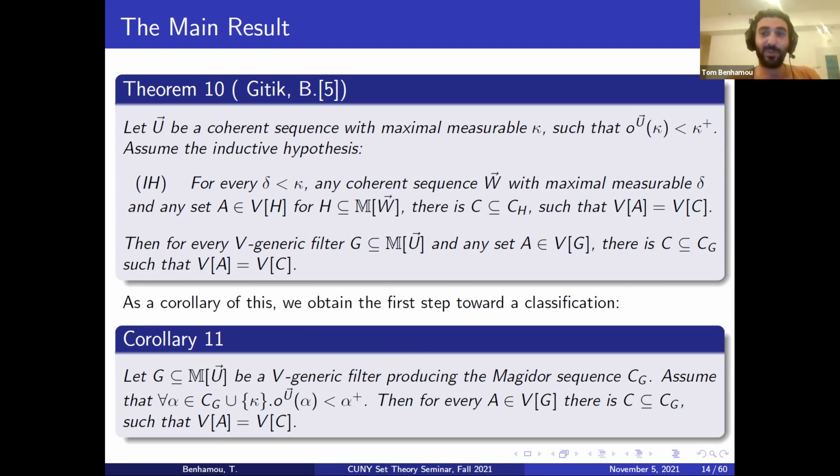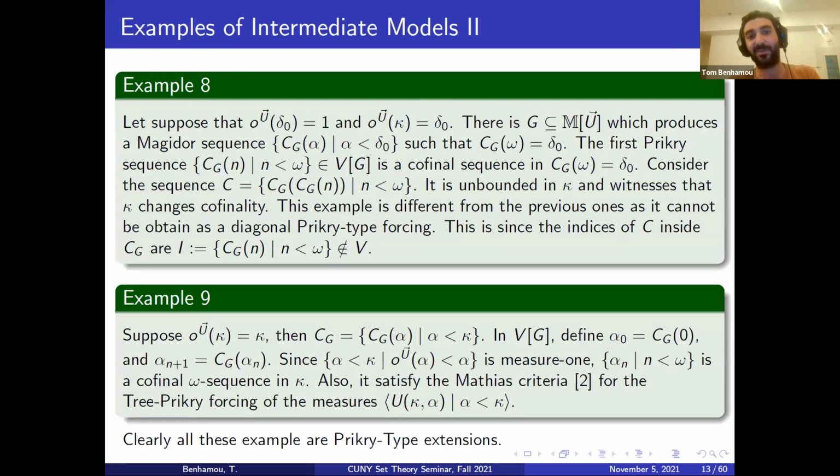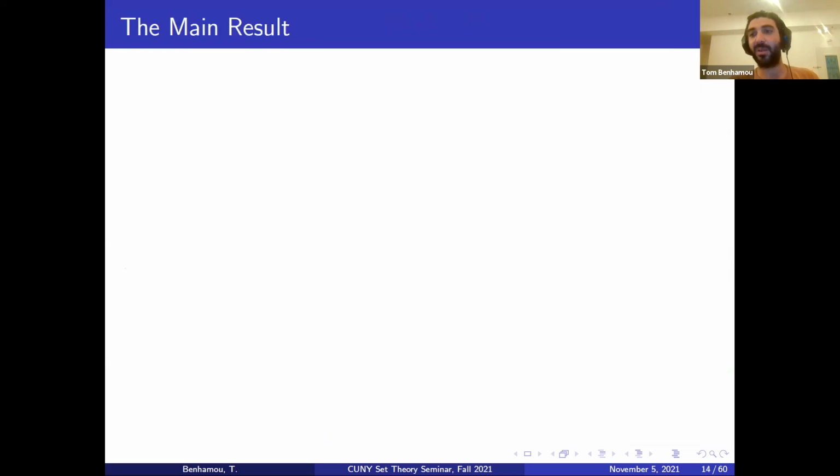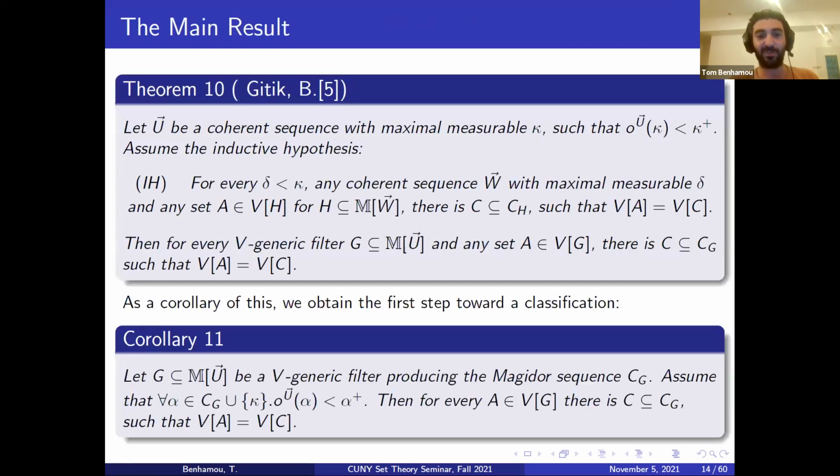And now recall what we did for the Gitik-Kanovei-Koepke result. We used the Mathias criterion to see what the intermediate models are. However, in this case, as we've seen from the previous four examples, these were all subsequences of the generic club, and it is not quite clear what forcing generates models of the form V[C].